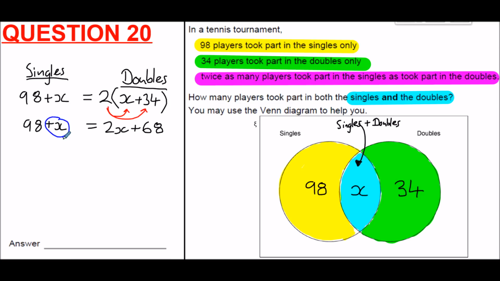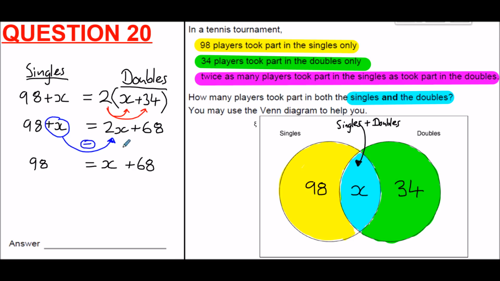So we can move the smallest number of x's to join the other group of x's. Now this x over here is a positive x, it's plus x. When it swaps side, it swaps sign. Opposite of plus is minus. And so after this x has moved, on the left we'll just have 98. On the other side we'll have 2x minus the x we've just moved, 2x minus 1x, leaves us with only 1x, plus of course 68.